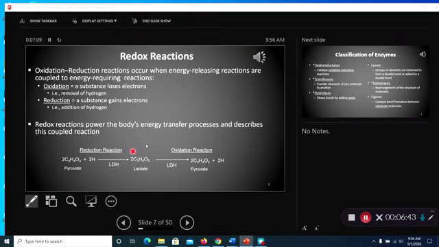So there are different classifications of enzymes, and I've started the ones that are probably most important in our conversations here. We've already hit oxidoreductases. Transferases just transfer elements of one molecule to another. So when we put phosphates on a glucose molecule to make, say, glucose 6-phosphate, that's a transferase.